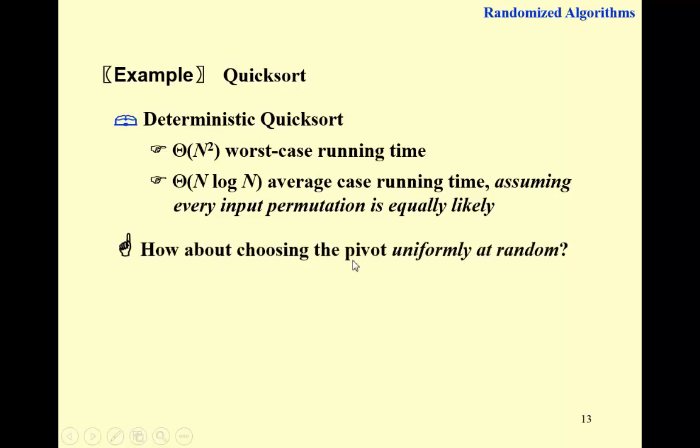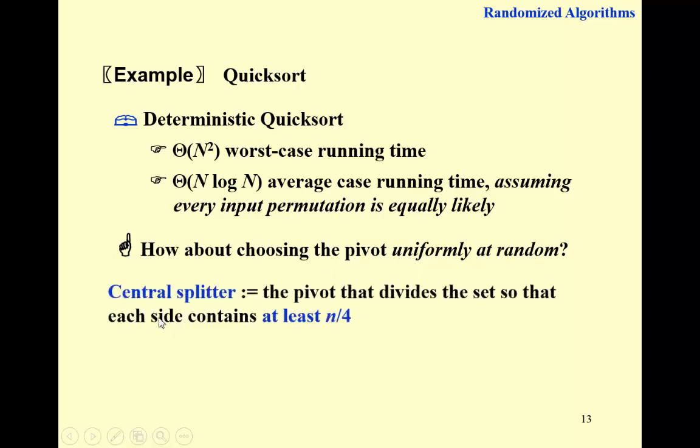How about choosing the pivot uniformly at random in hope that we can always split the set in the way we want? Here we define a good pivot as a central splitter. That is the pivot that divides the set so that each side contains at least 1/4 of n.